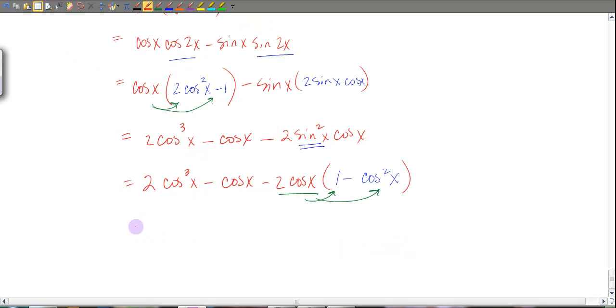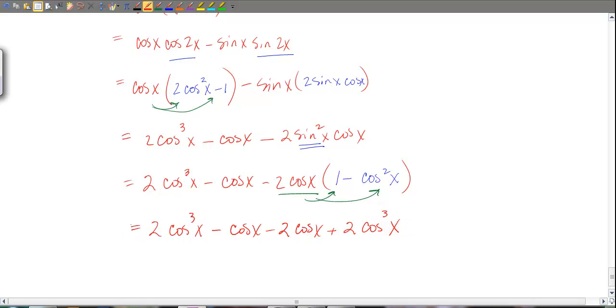So I get 2 cosine cubed x minus cosine x minus 2 cosine x, and then take this and multiply it in here, and I get plus 2 cosine cubed x. Cosine times cosine squared is cosine cubed.